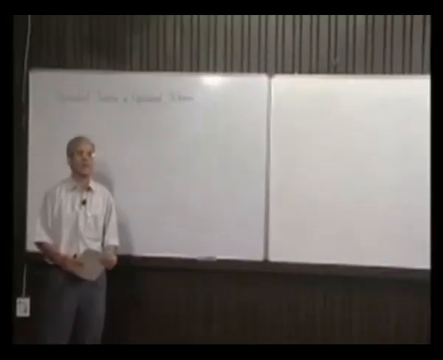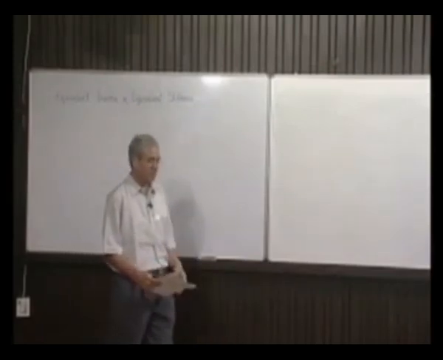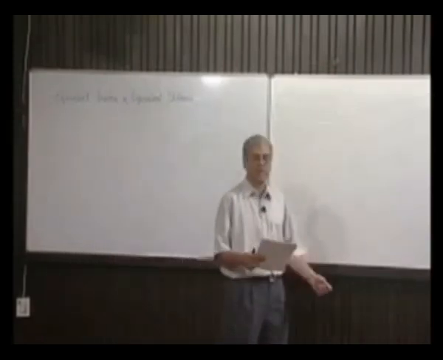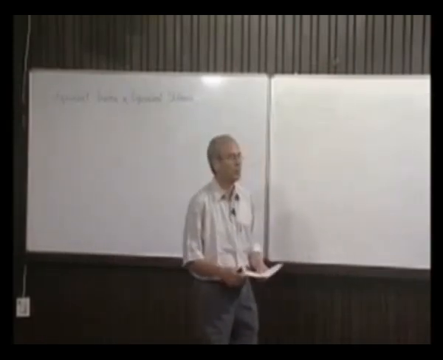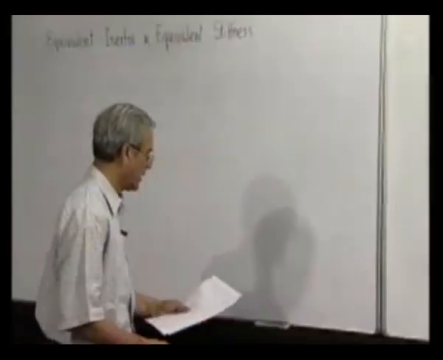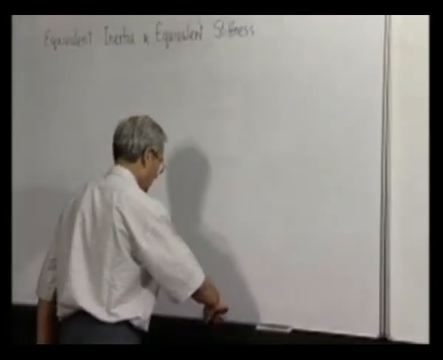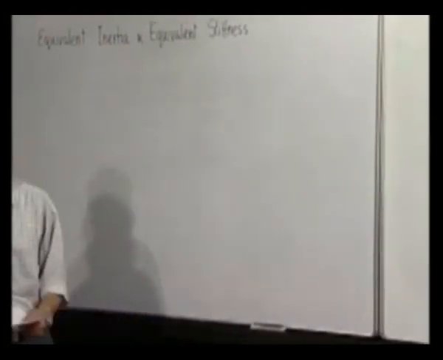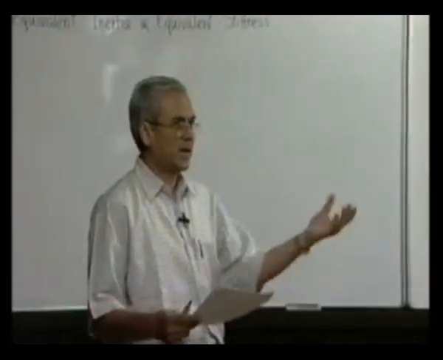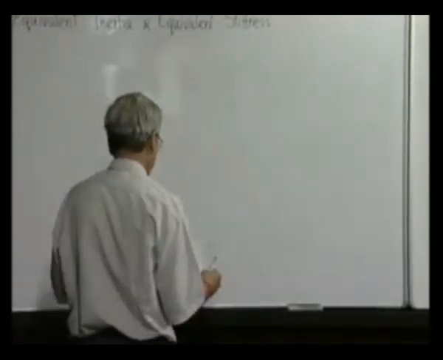Next, let us consider the case of a composite spring system and how we can find out the equivalent system, which can be represented by either a simple linear spring or torsional spring.